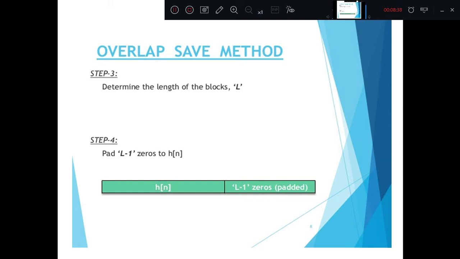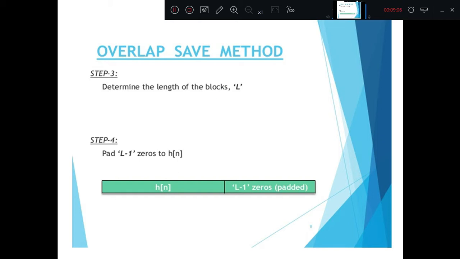So next, step 4, you can see here. Step 3 is about determining the length of each block, that is L equal to N minus M plus 1, and after that you have to add L minus 1 zeros to h of n. For example, h of n is 1, 2, 3. We have 3 samples, but the size of the DFT is 5.